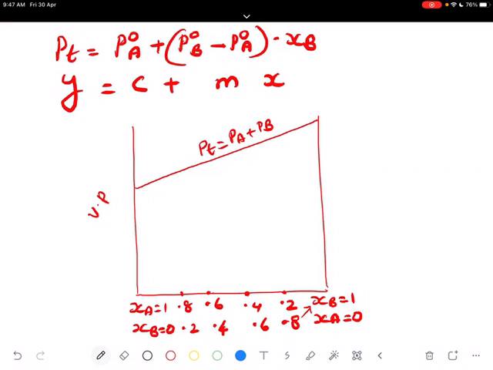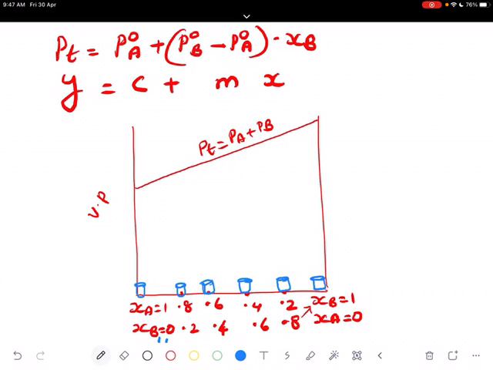Here one mixture, here one mixture, here one mixture, here another mixture, which means we are changing the mole fractions. So different solutions are there.